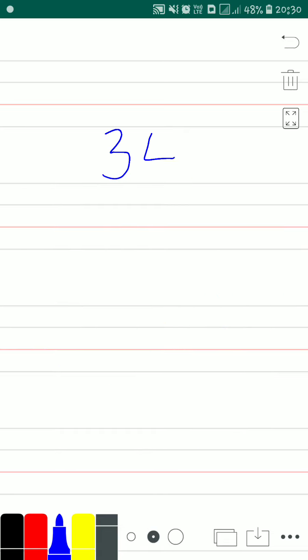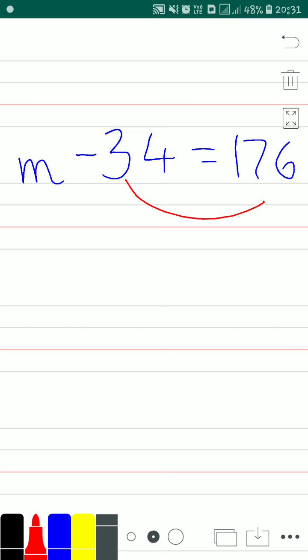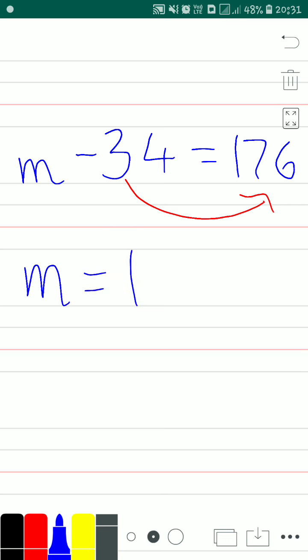Okay, 34 was subtracted and we were left with 176. So let m be the number which Haraba had sheep at first. So now we are going to shift 34 to the other side and then we get m is equal to 176 minus 34.